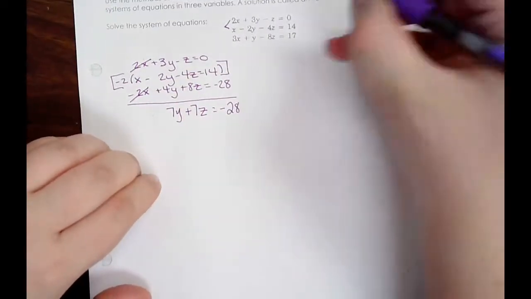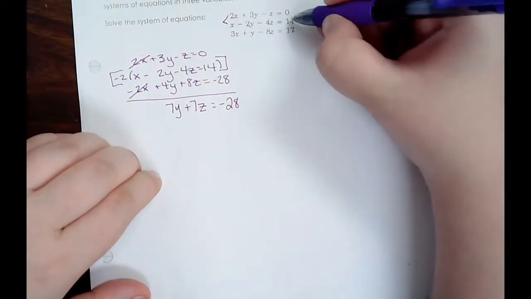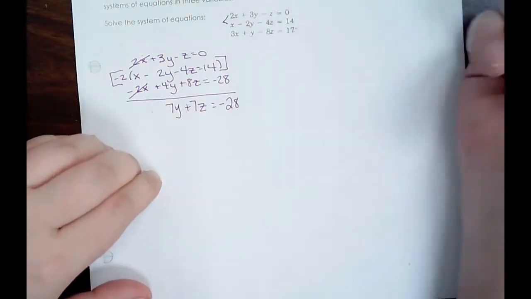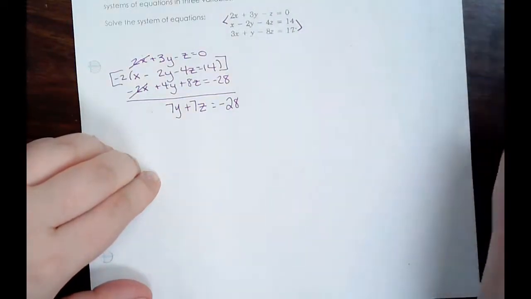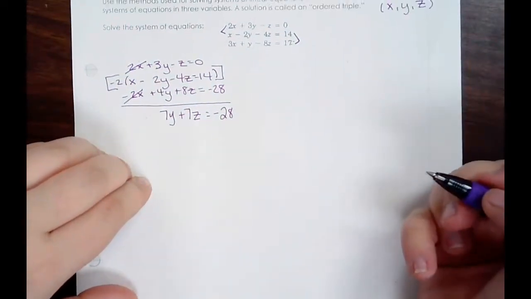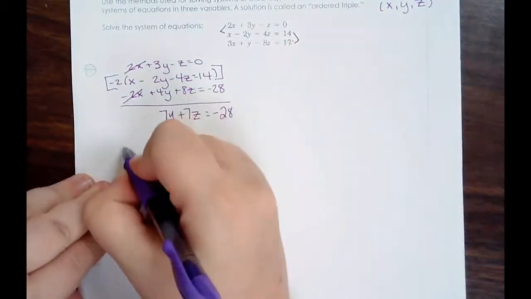My second step is to take 2 other equations. So it can be 1 and 3, it can be 2 and 3, it just can't be 1 and 2 again. That wouldn't help me any. So here, I'm going to take 2 and 3, I'm going to write them down here just the same way I did.